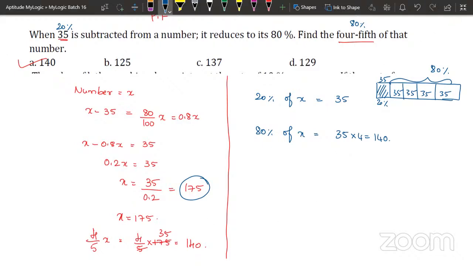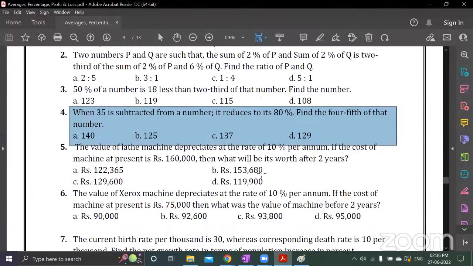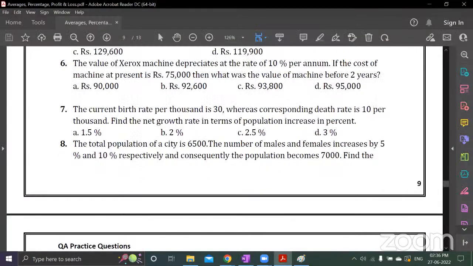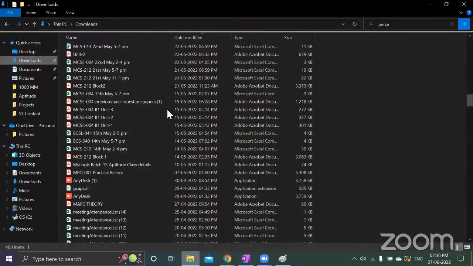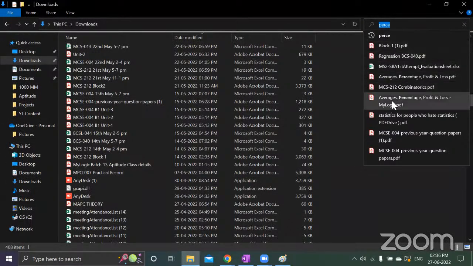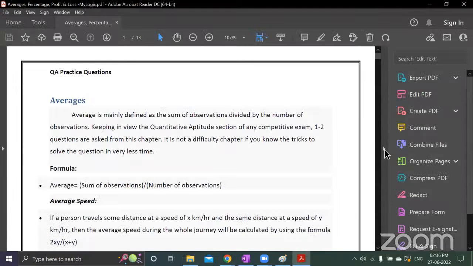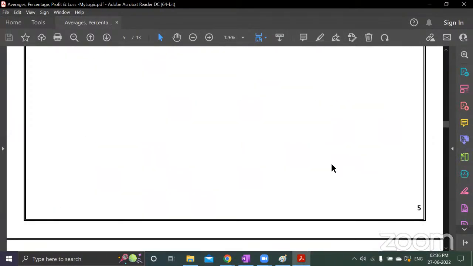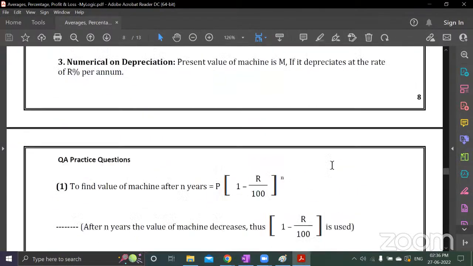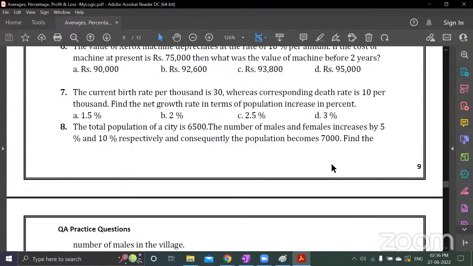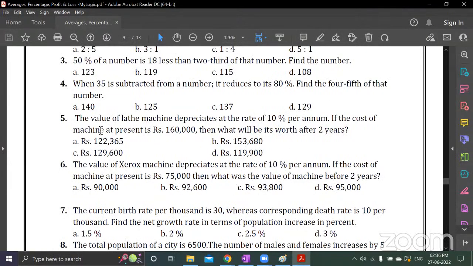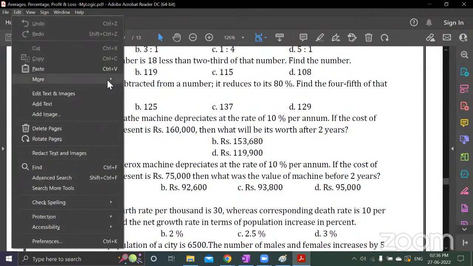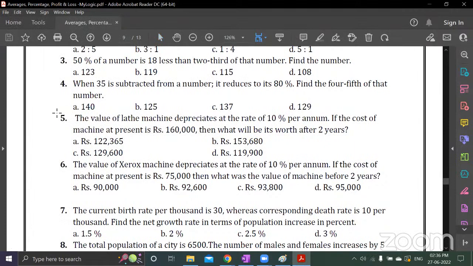Now we will solve the next question. See, here we have the value of a machine depreciates.